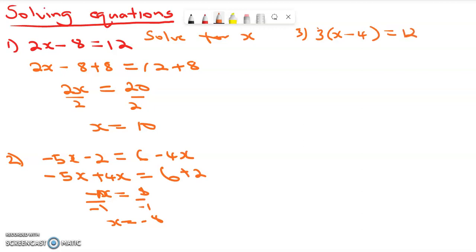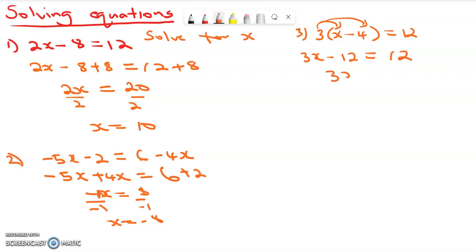We can solve this by doing the distributive property of numbers, which state that the number outside the bracket will multiply all the numbers inside the brackets. So this is 3x, 3 times x is 3x, 3 times negative 4 is negative 12 equals to 12.